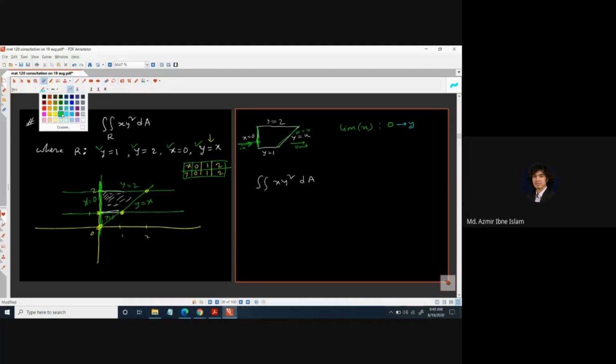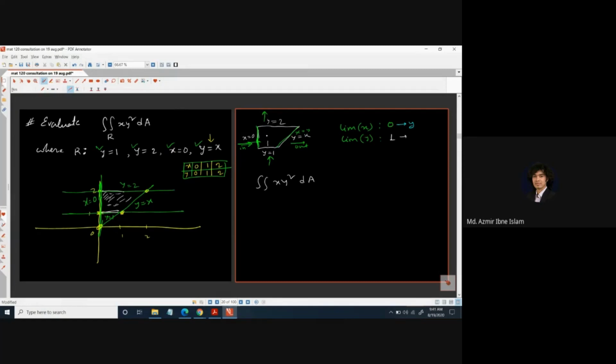Let's figure out the y limit. For the y limit, in which direction do we have to check? From bottom to top. At first, this line is touching y equal to 1.